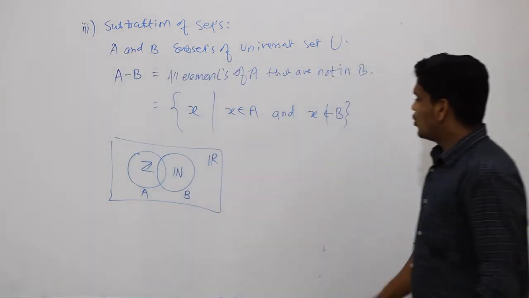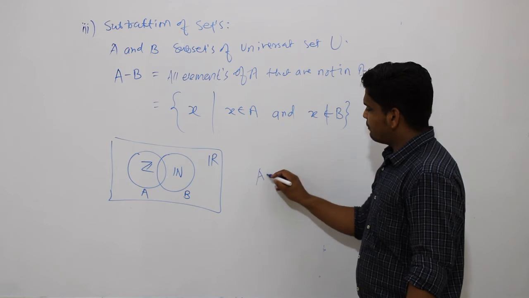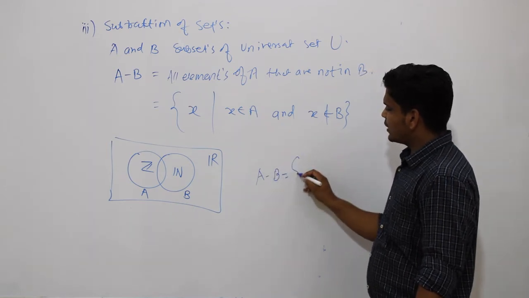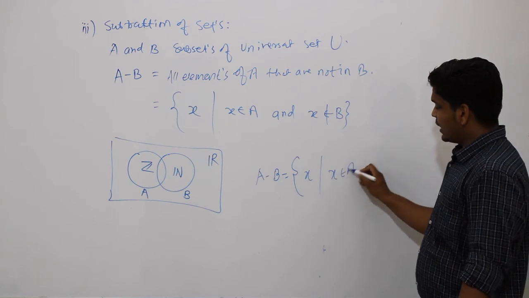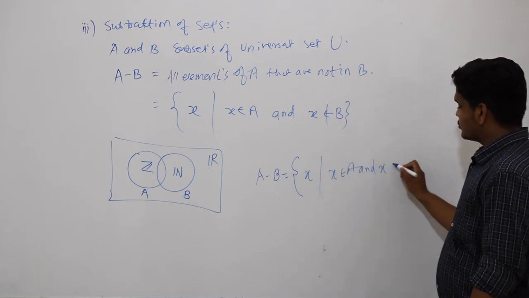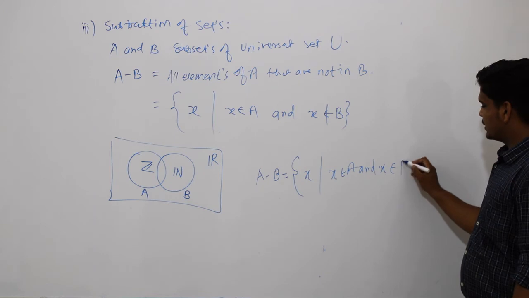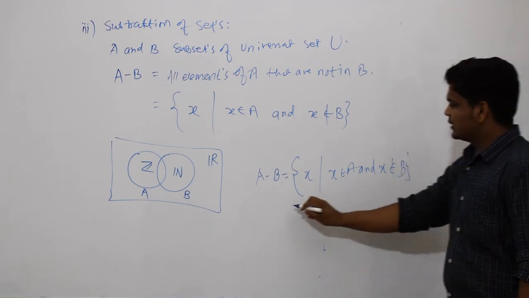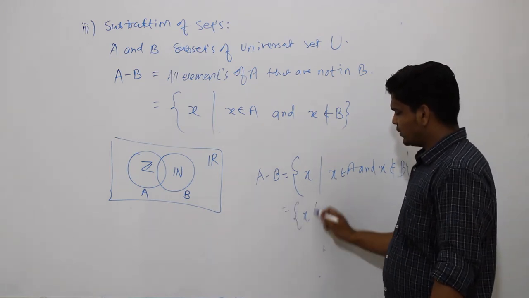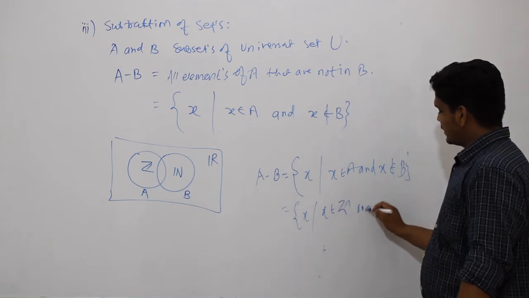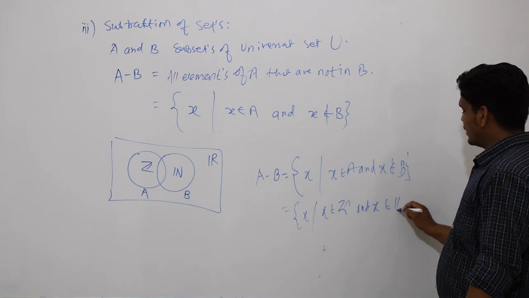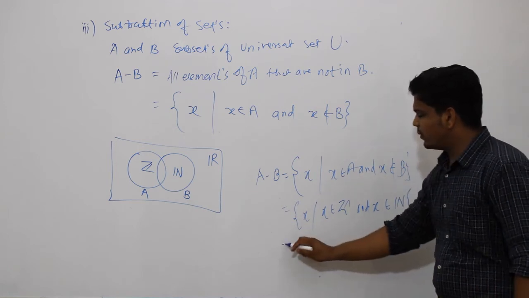Now I want to calculate my A minus B. I will take those elements that are from A, and that element must not be in B. This will be all those x such that x belongs to Z and x does not belong to the natural numbers.